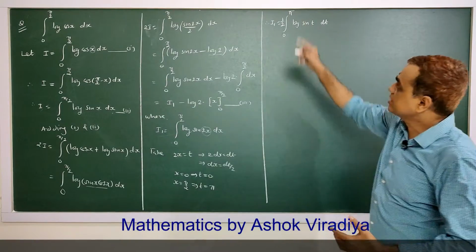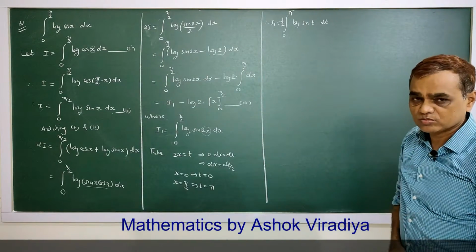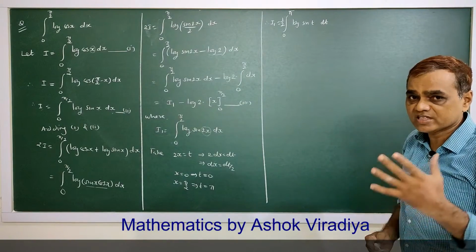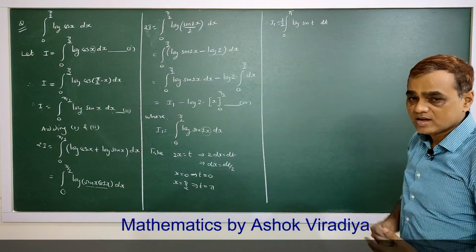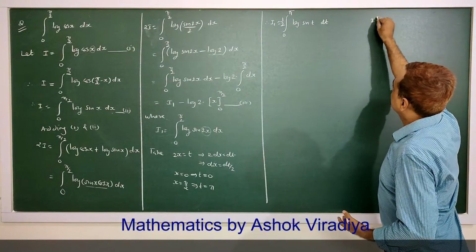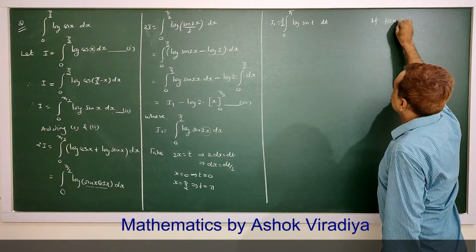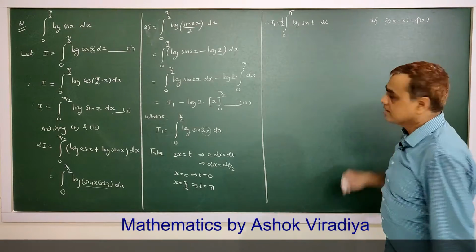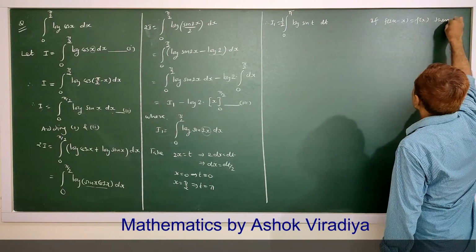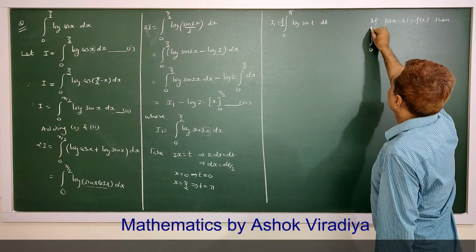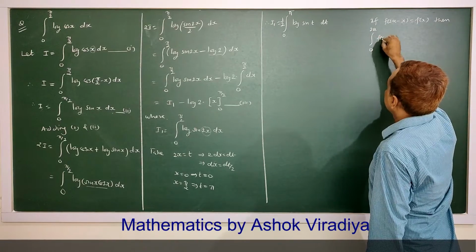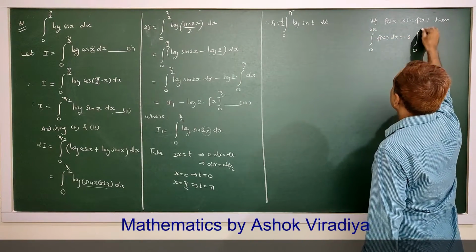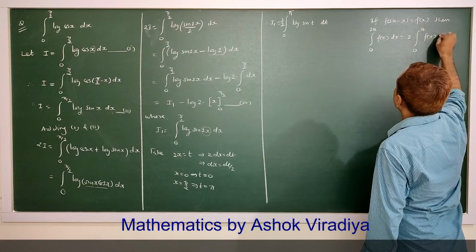To convert this pi into pi by 2, we are going to use one rule. Previously we discussed the rule that if f of 2a minus x is equal to f x, then integral 0 to 2a f x dx is equal to 2 times integral 0 to a f x dx.